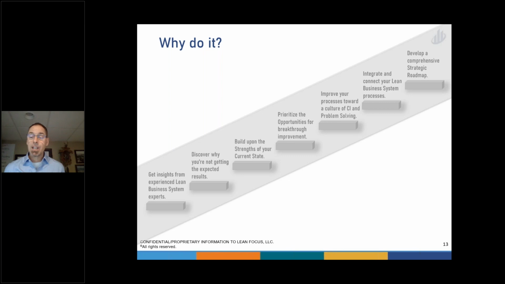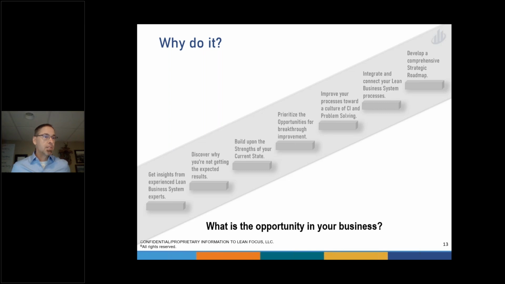And then in the end, being able to develop a game plan for taking your business, driving that continuous improvement, driving that culture. How do we get there? We can work with you on that roadmap for getting to excellence. Again, what is the opportunity in your business? Maybe a few of these apply.